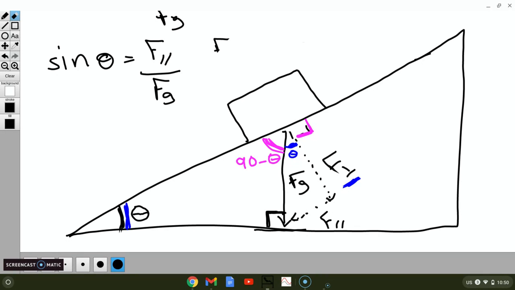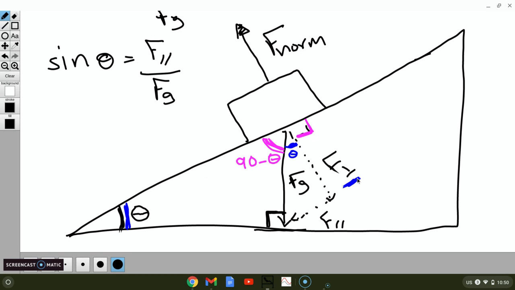Because remember, the normal force is perpendicular to the surface, so it comes off this way, like so. This is F norm. Well, what do you think F norm is equal to? It's not equal to FG. They're not in opposite directions anymore. What is F norm in the opposite direction of?